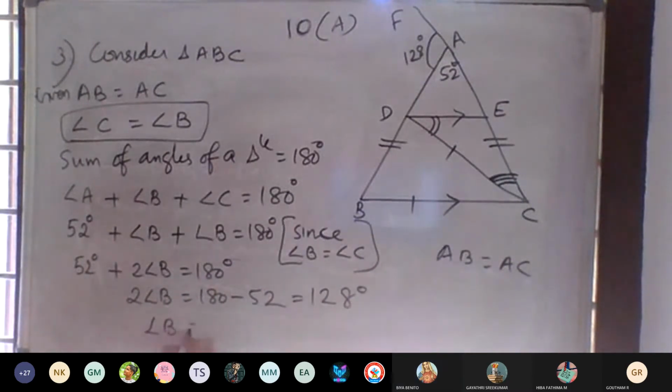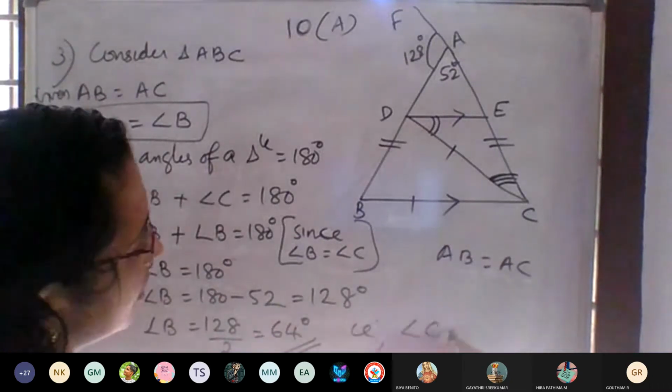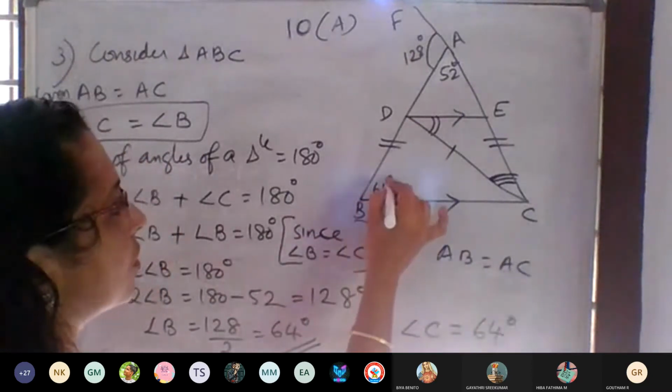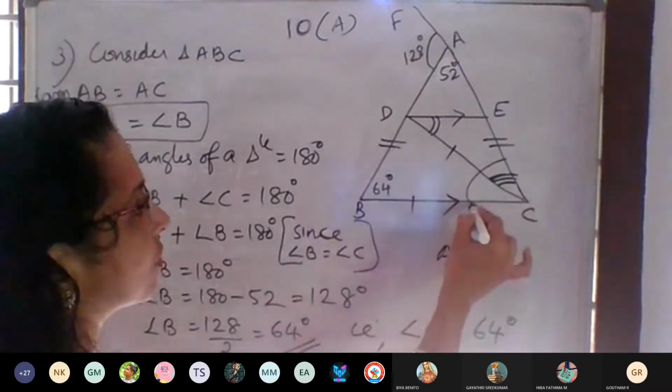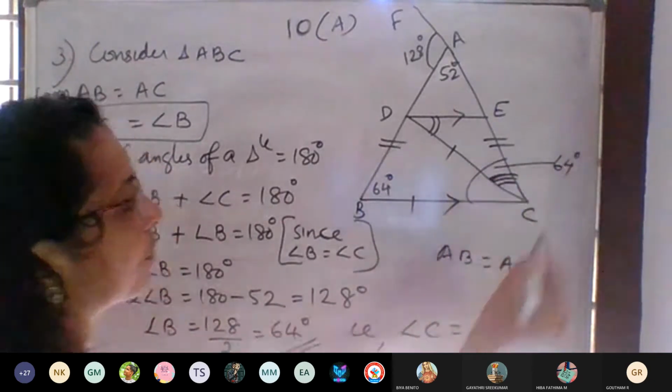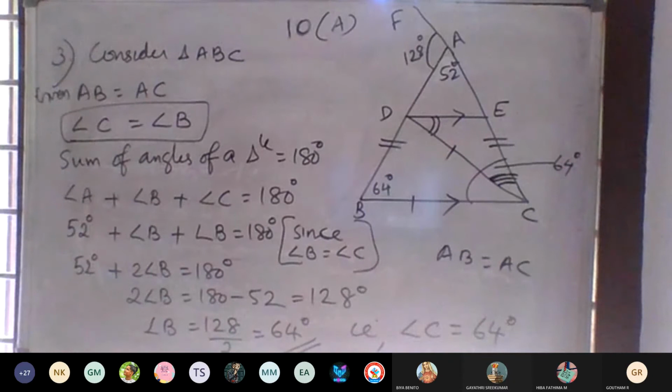So angle B is equal to 128 by 2, which is equal to 64 degree. That is, angle C also will be 64 degree. Whole angle we got as 64. We want to find only that small C, angle DCE only.